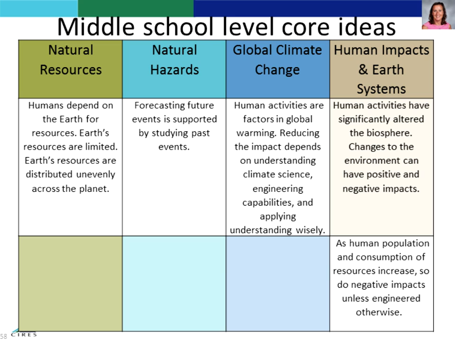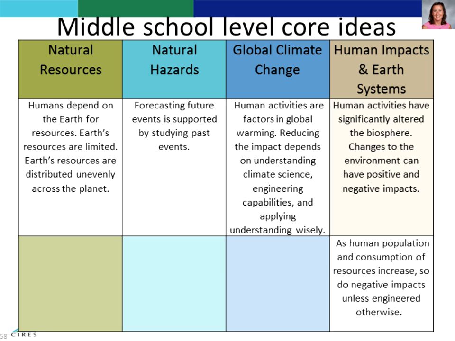So again, we're going to see a progression from the earlier grades in the ideas related to global climate change, where at the middle school level, the focus is on developing an understanding around the concept that human activities are factors in global warming. So that's kind of a new one. We came from the elementary level where we were thinking about weather and severe weather and those kinds of things to this realization that human activities are factors.